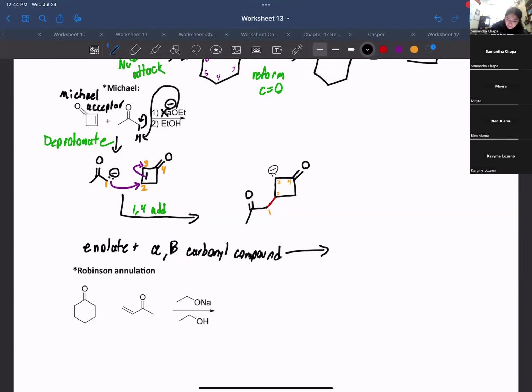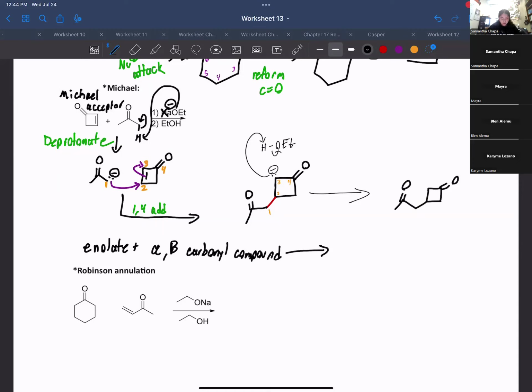Last part of this one is just protonate that, using the conjugate acid that we have there, or just the acid that we have there, ethanol. You can deprotonate ethanol, and then you make your stable compound. It just looks like this.